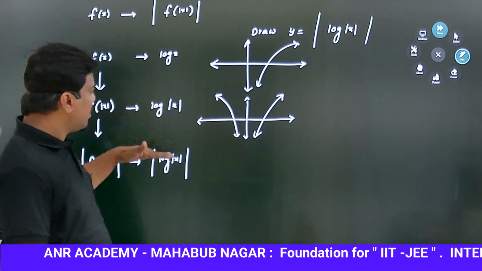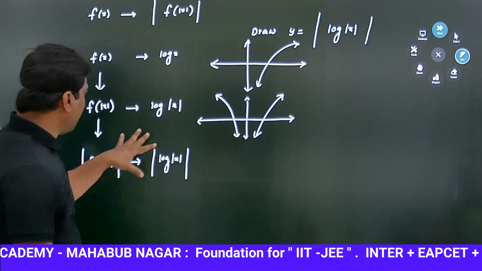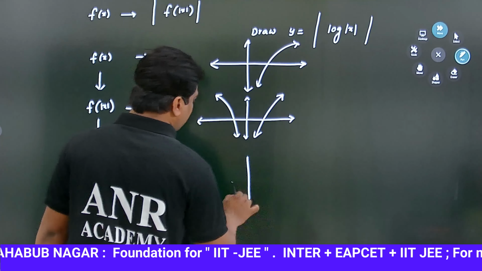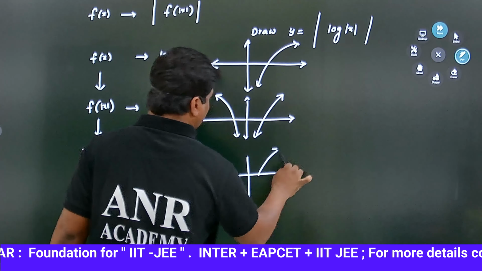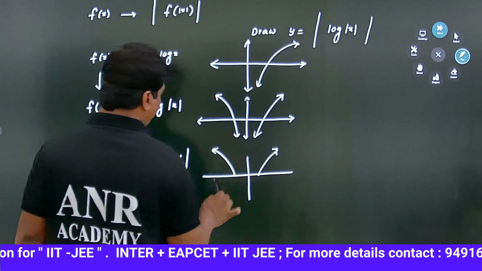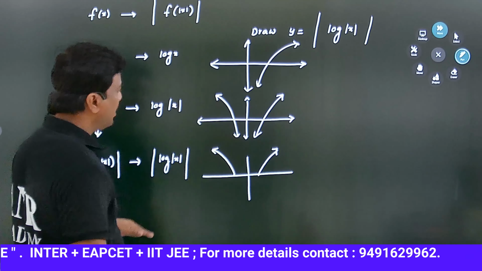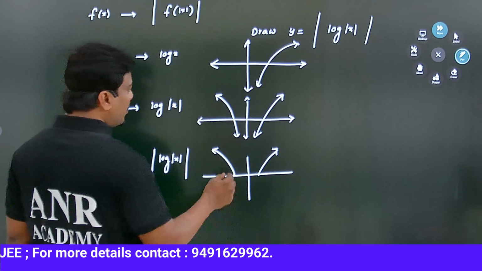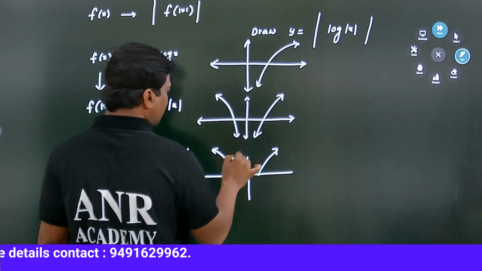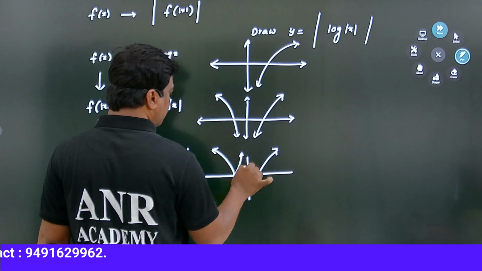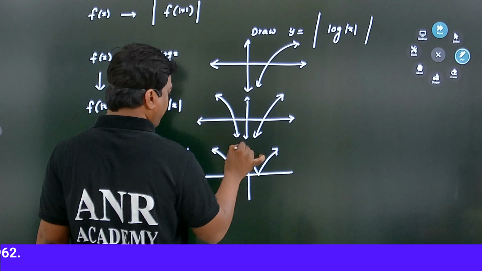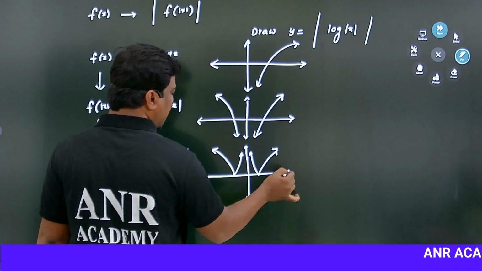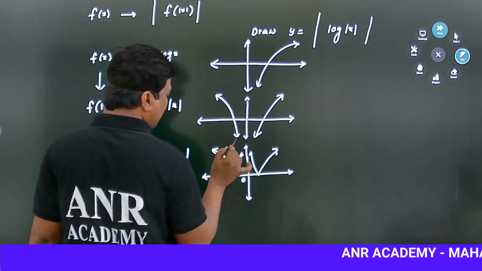That means the graph should be non-negative, remember. So the positive graph stays as it is. Due to the modulus sign, the graph is non-negative. The negative portion changes to positive. This one is the graphical transformation.